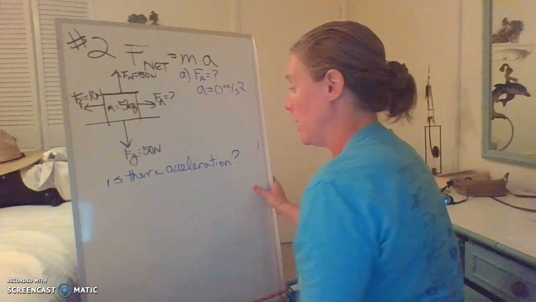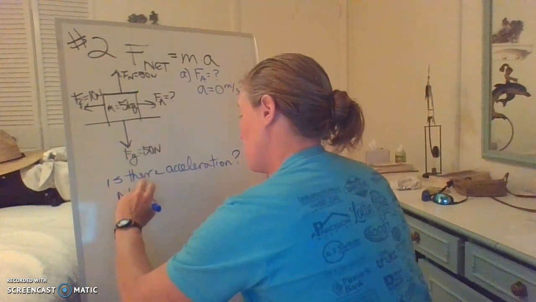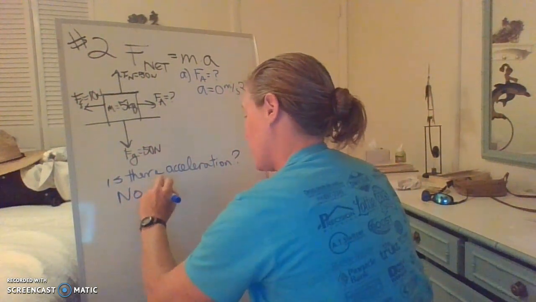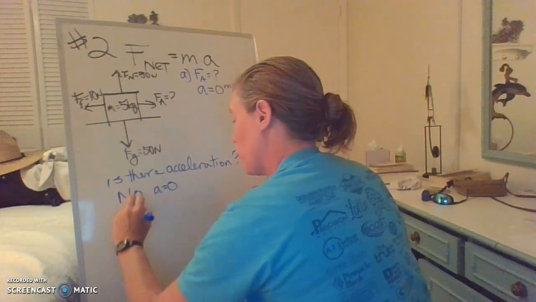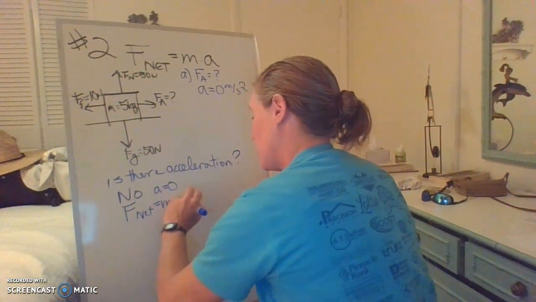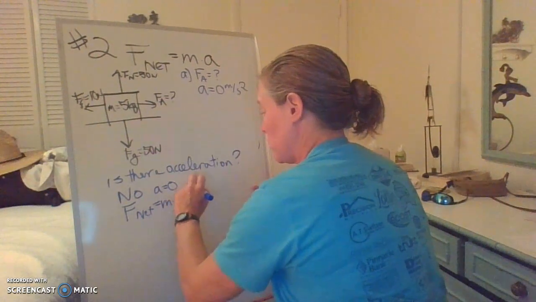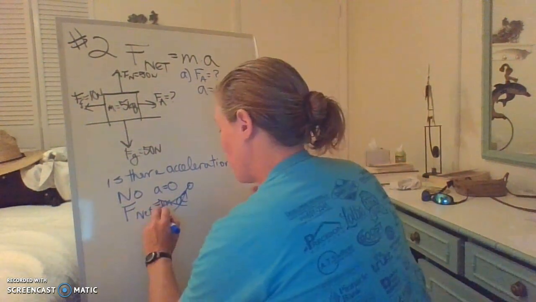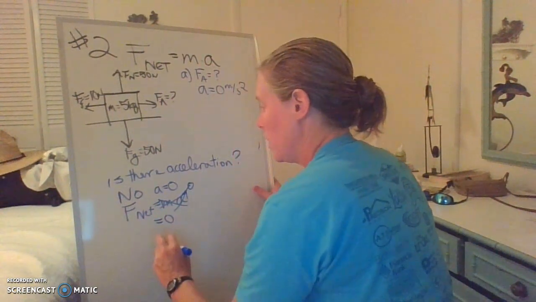If the answer is no, 0 meters per second squared, guess what? Acceleration equals 0, so that means force net equals mass times acceleration, which is 0, which makes this whole thing 0. So force net equals 0.